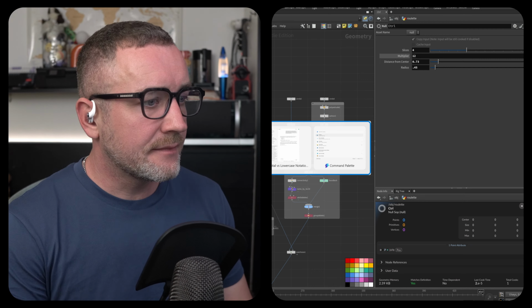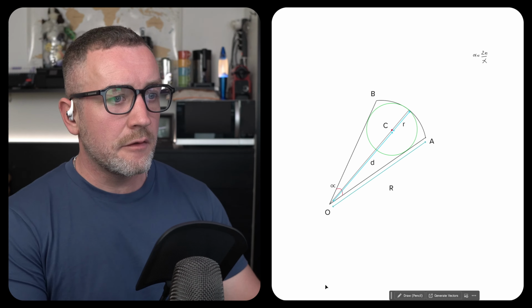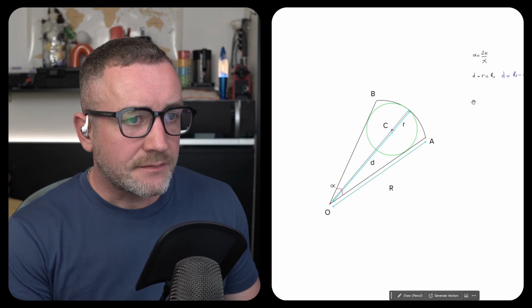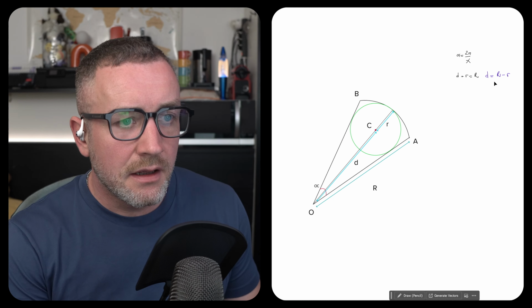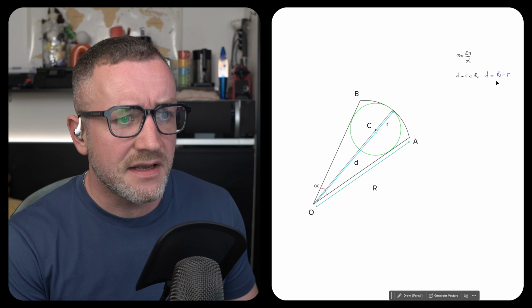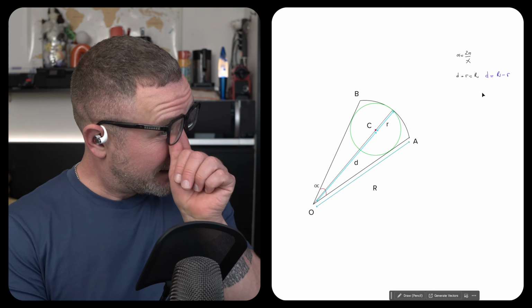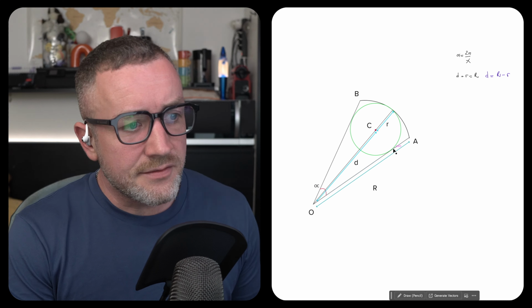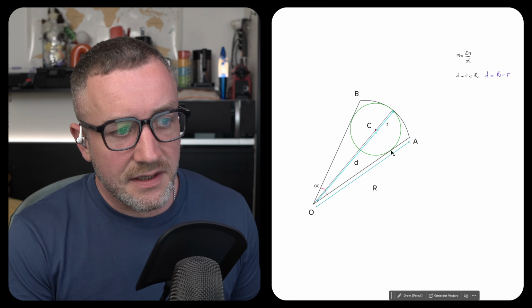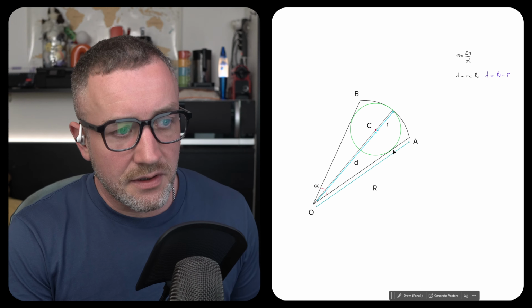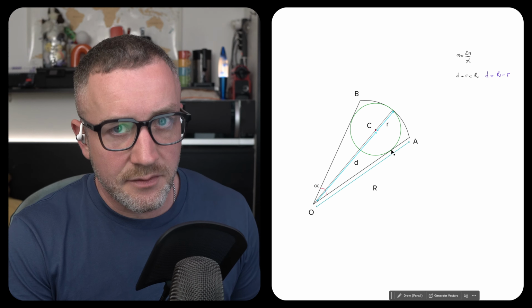All right, so let's go back to our math. Like I said, D equals capital R minus lowercase r. Now, by construction, a tangent is perpendicular to the radius that touches the point.